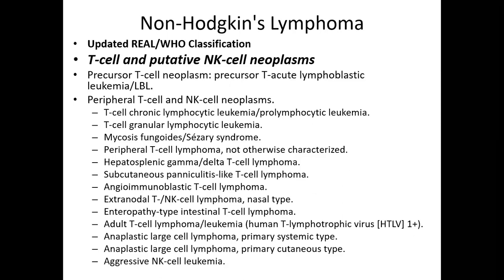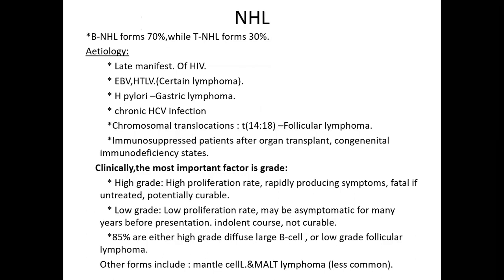We have the T cell and natural killer cell neoplasm, also many varieties. The T cell is less common than B cell varieties. So, B non-Hodgkin lymphoma forms around 70% of cases, while the T cell non-Hodgkin lymphoma forms 30% of cases.